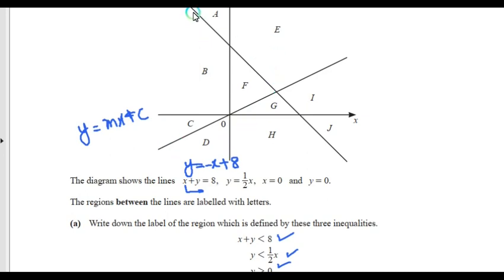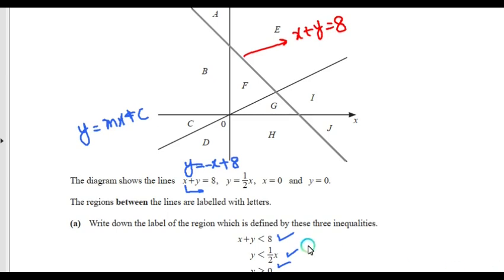So this line is this line. So this is the line, right? So we can represent this line as x plus y equals 8, right?